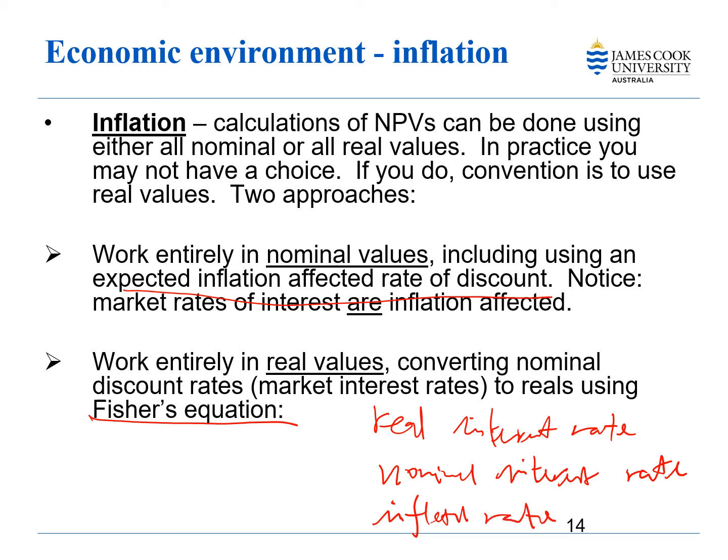This is called the real discount rate R, nominal interest rate I, and inflation rate pi.